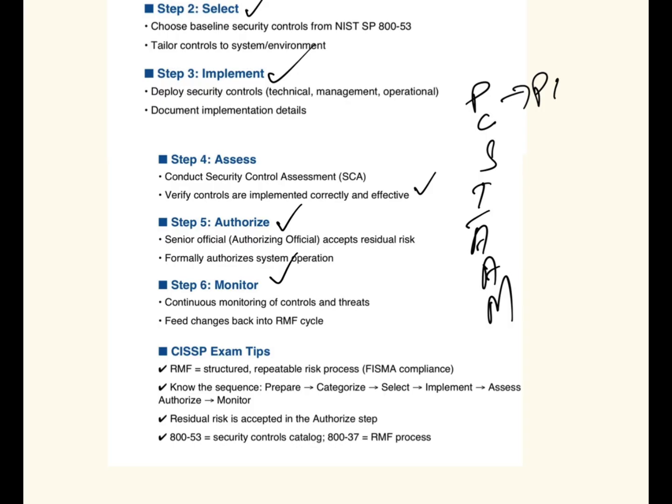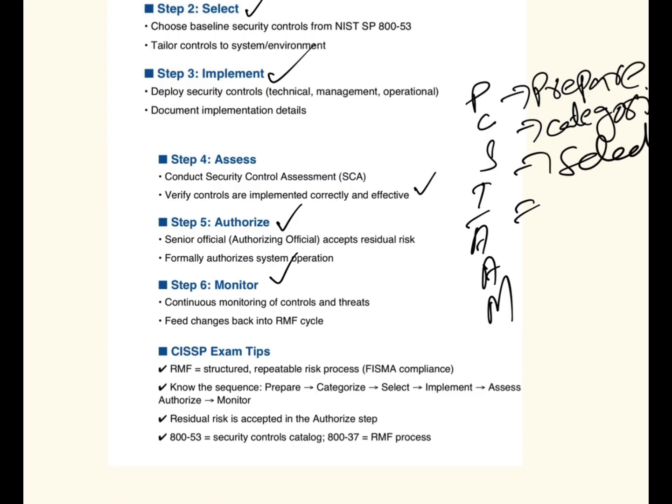P for prepare, C for categorize, S for select, I for implement, A for assess, A for authorize. The first A is assess, and this one is authorize.